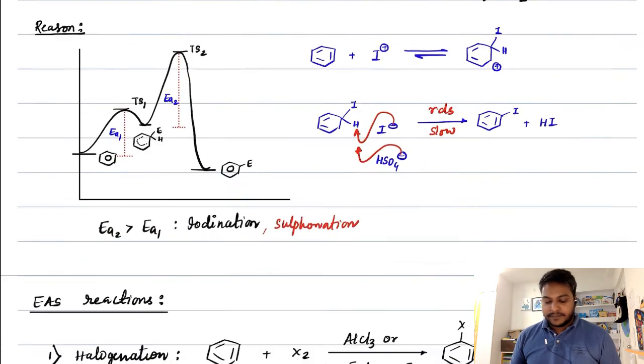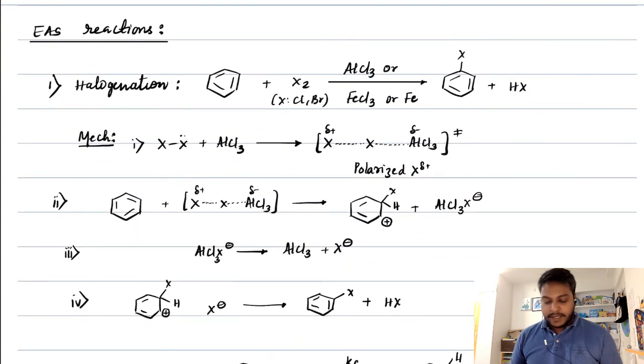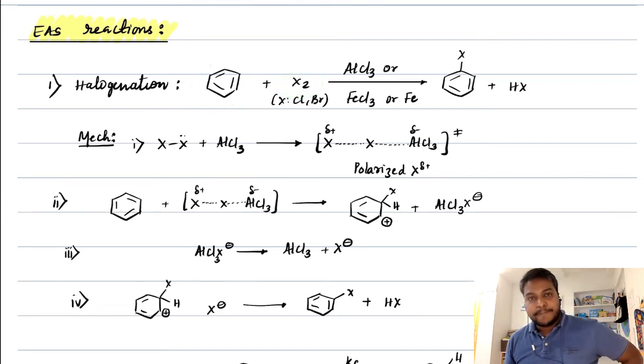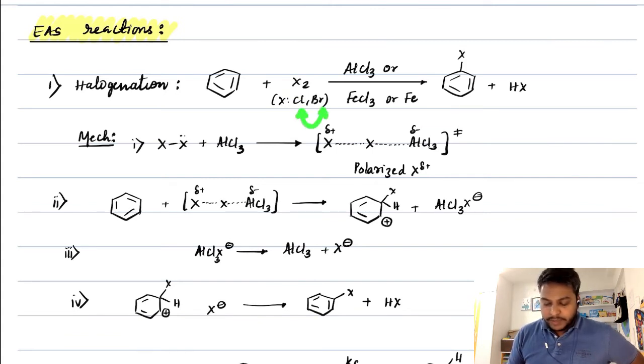Okay, students? Now, let us see the reactions of benzene, of which the most important type are electrophilic aromatic substitution reactions. So the first of its kind is halogenation, where benzene gets a halogen on it. To get the halogenated form, I'll take chlorine or bromine, which are mostly the cases that give perfect halogenation.